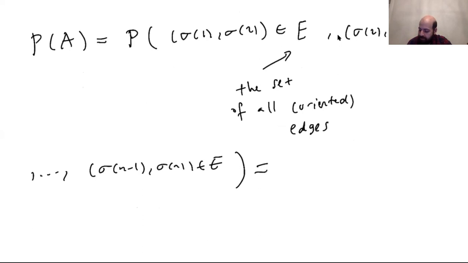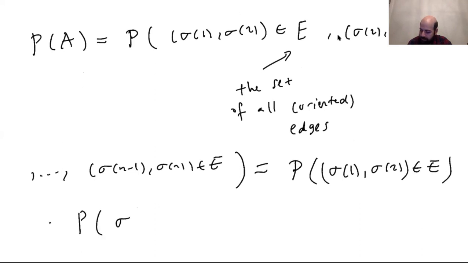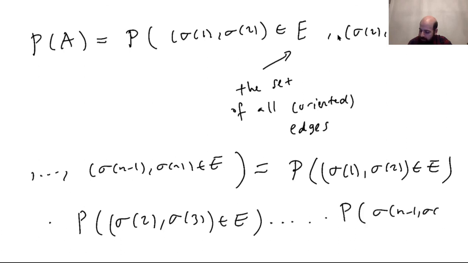So this is the same as the probability that sigma 1, sigma 2 is in E times the probability that sigma 2, sigma 3 is in E, all the way to the probability that sigma n minus 1, sigma n is in E. Remember that if A1 and A2 are independent, the probability of A1 intersection A2 is P of A1 times P of A2.